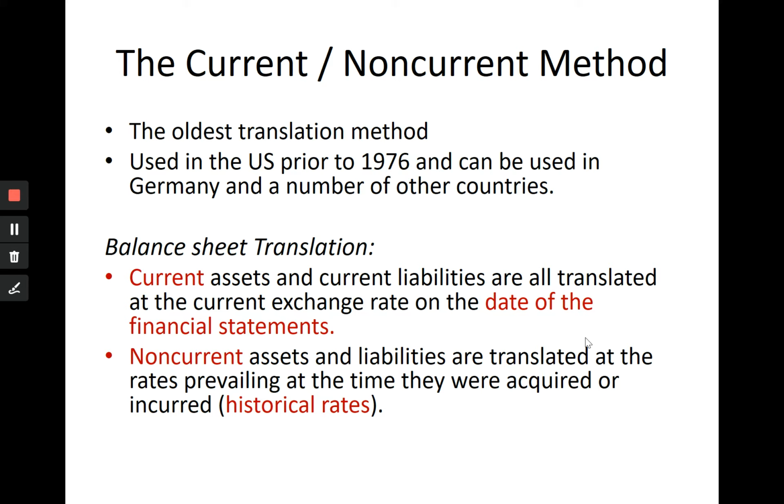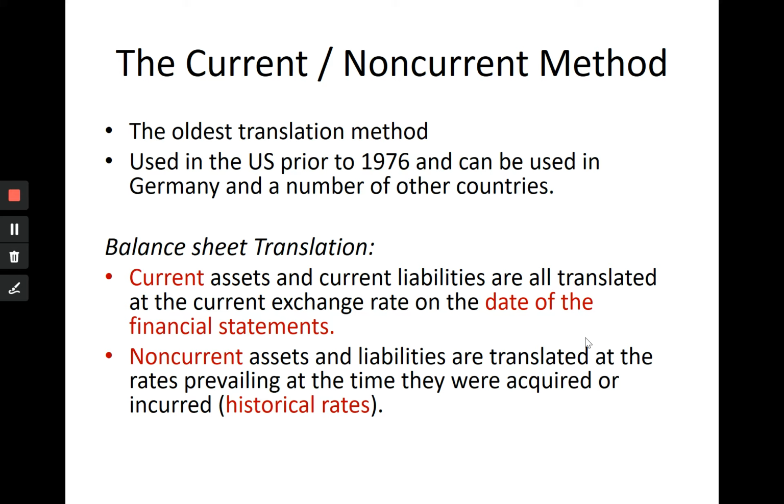For example, cash is translated at the exchange rate at the date of the financial statement. And of course, one may use a yearly exchange rate for that year. For example, the exchange rate of January 4 every year.